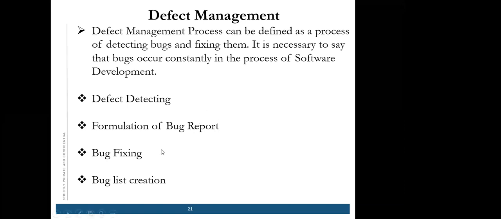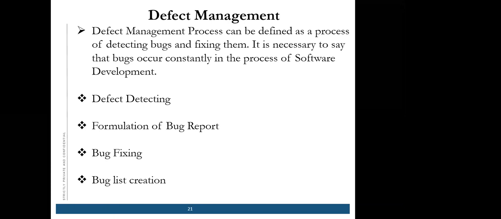Okay. So the final step is bug list creation. This is a document that contains all the information of bugs that could occur during the project performance, and the team often uses these bug lists because similar bugs occur in the future also. You can get similar types of bugs.